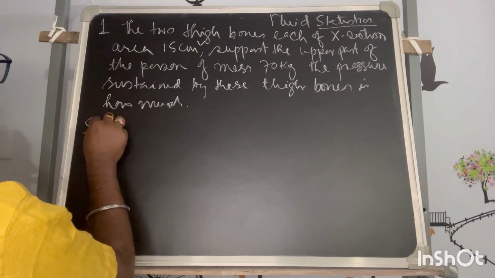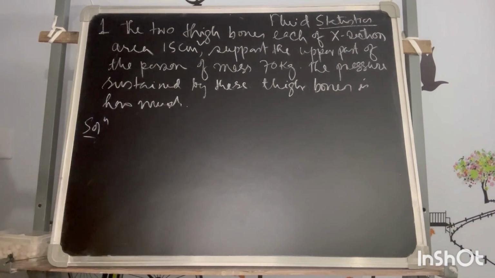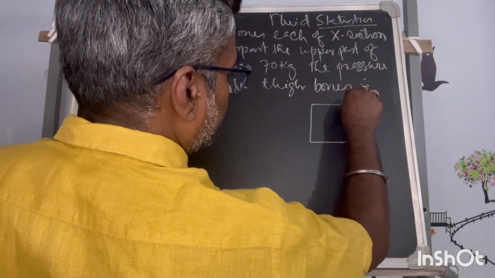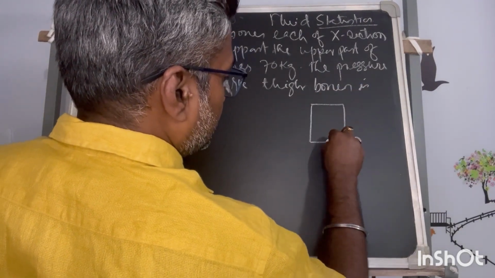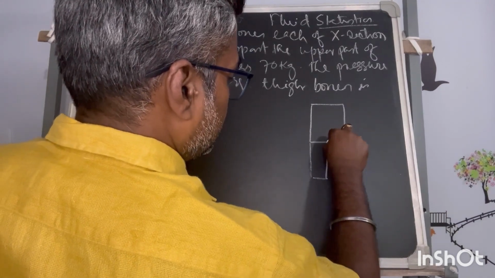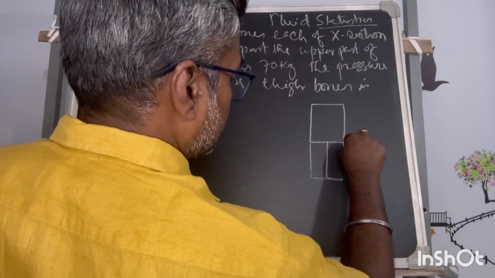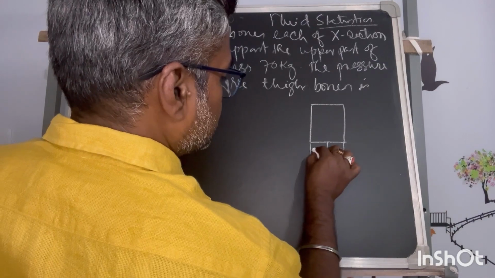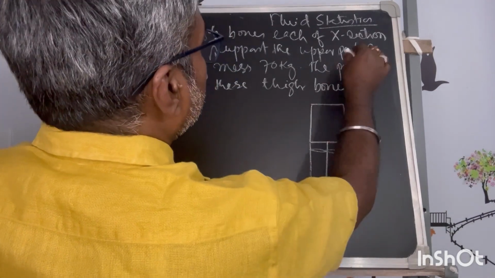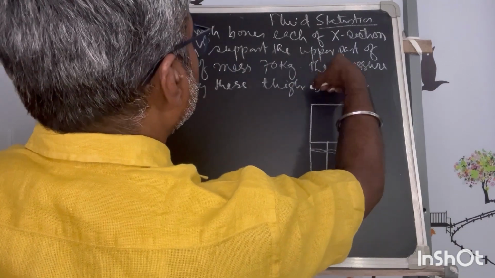So this is very straightforward. If I assume this is a person, the upper part of the body, and these are two legs, I am not keeping any gap between them. So these are two legs of the same cross section, each supporting the upper part.